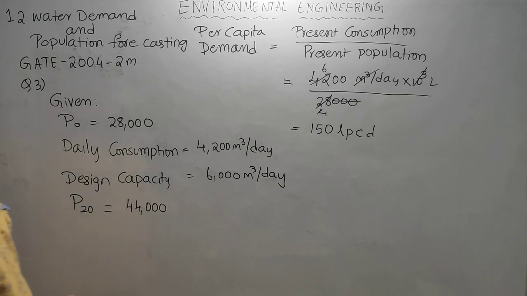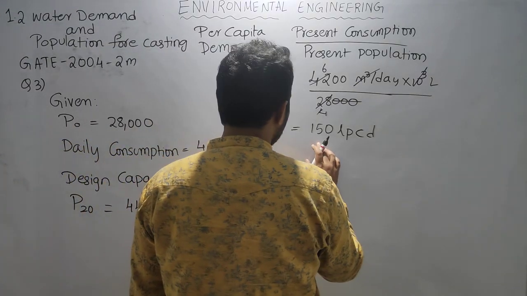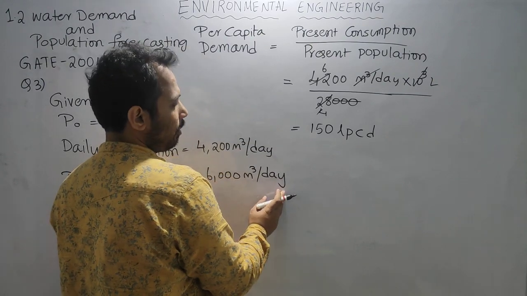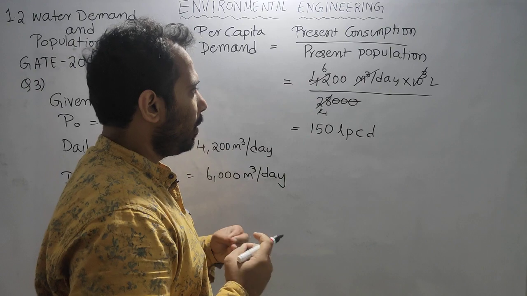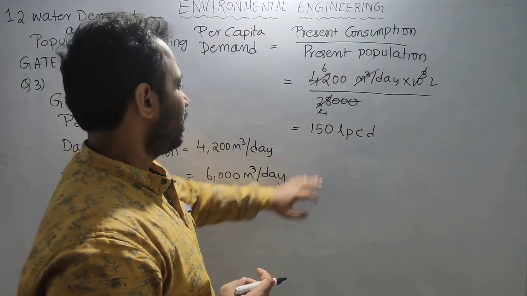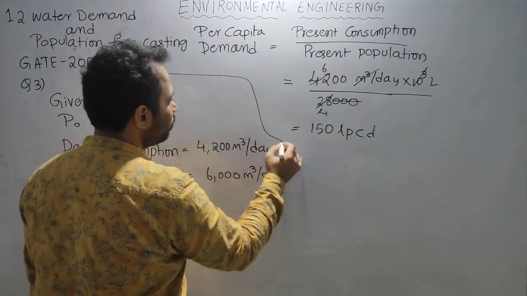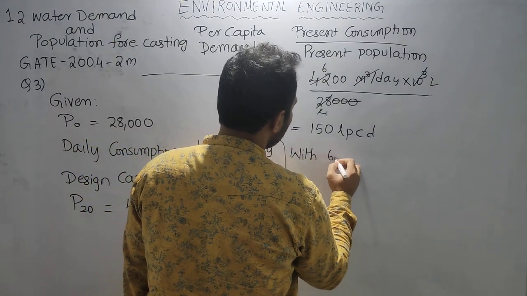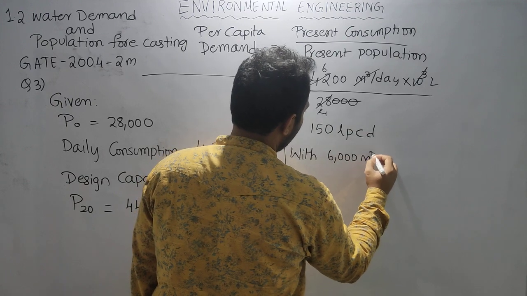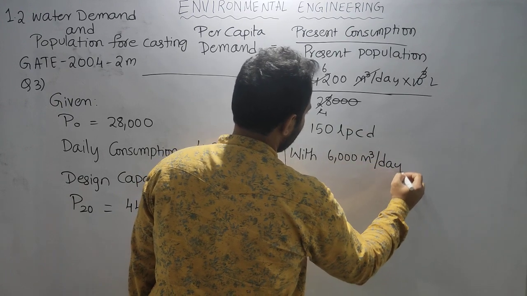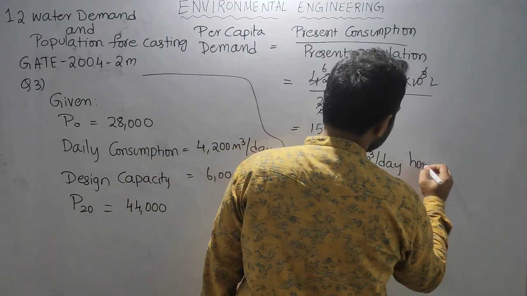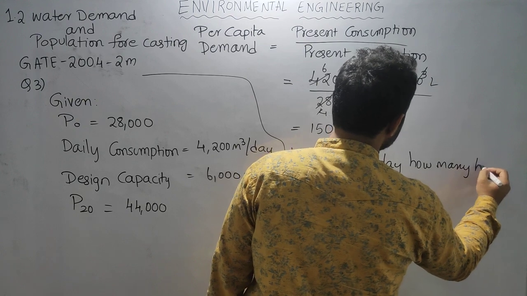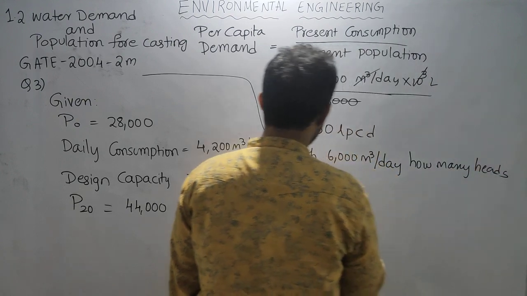Okay. So with this demand, with this discharge capacity, how many population? This is per capita. So now what I will do with 6,000 meter cube per day, how many heads will get water?